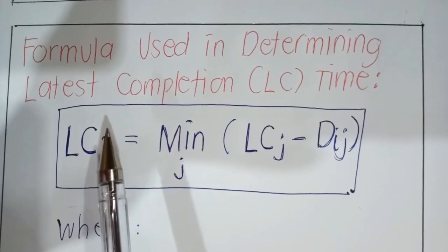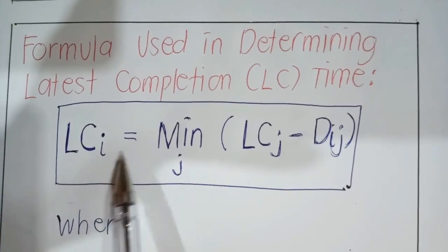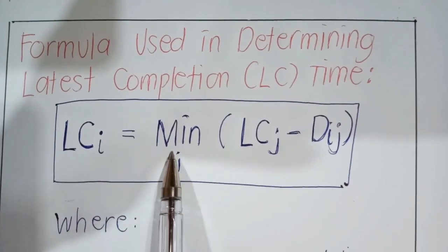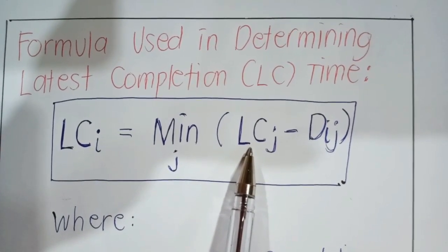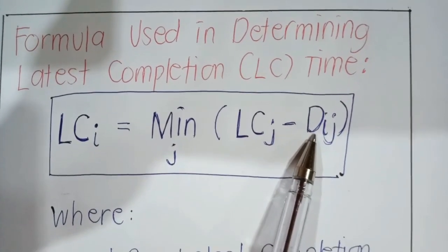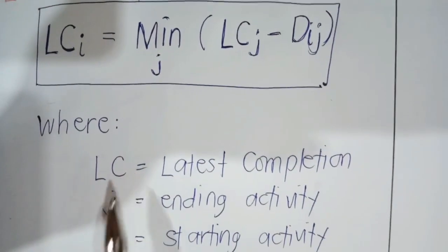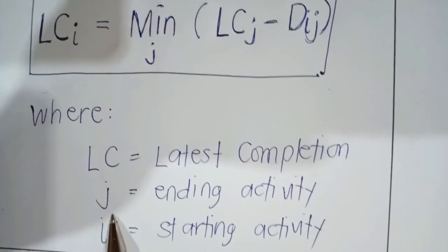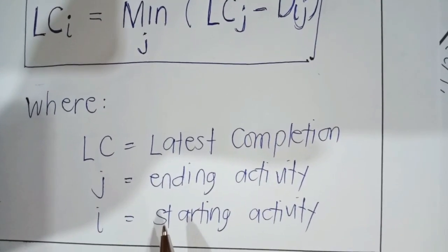So our formula is: the latest completion time of the starting activity equals the minimum of the latest completion time of the ending activity minus its duration, where LC refers to latest completion, J refers to the ending activity, and I refers to the starting activity.